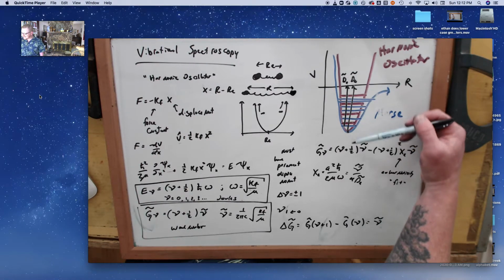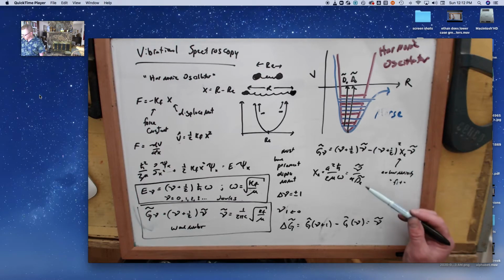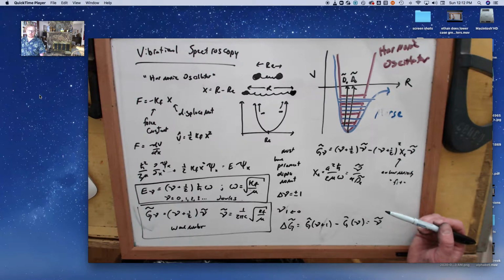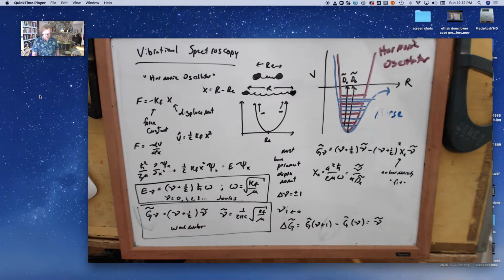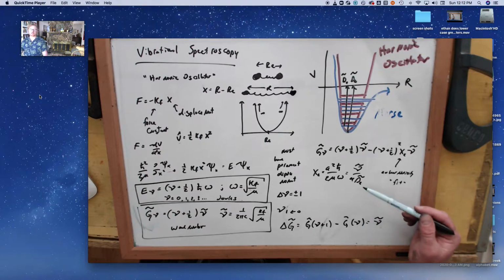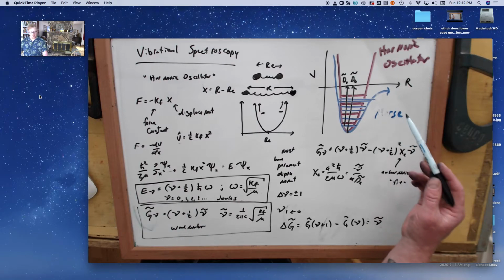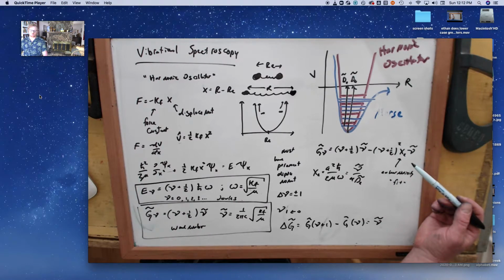But this dE, that's the depth of my Morse potential well, which is that constant right there. So you can get these from fitting spectroscopy data, which you're going to do in Spec 2, and I'm going to review that momentarily. We could calculate it if we had a more detailed way of calculating this Morse potential.